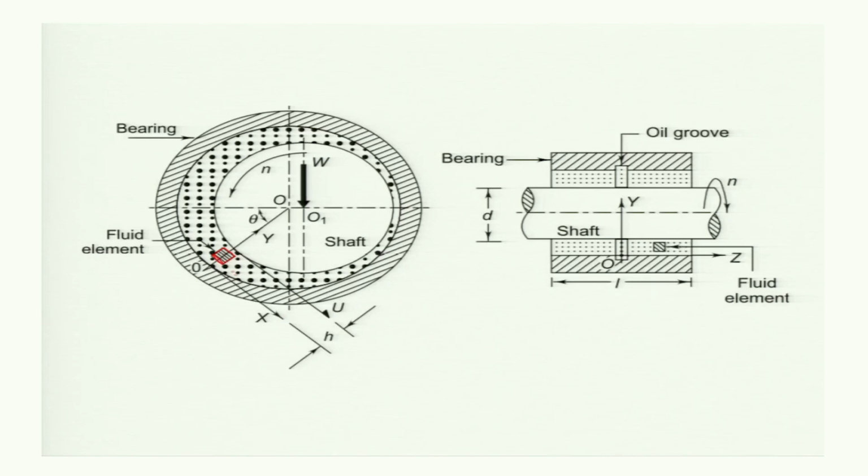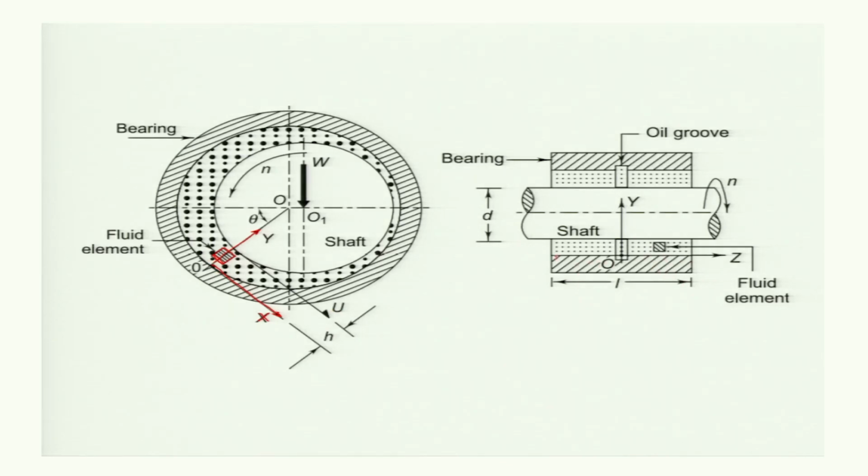The coordinate system is such that the circumferential direction is taken as x, and the radial direction is taken as y, and perpendicular to the screen will be z, which is visible in this front view of the bearing.